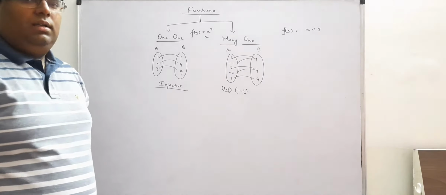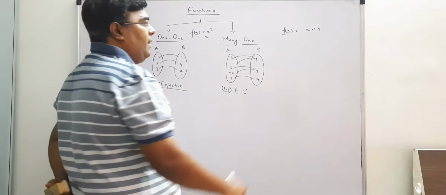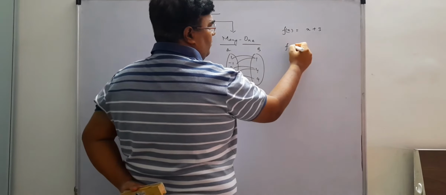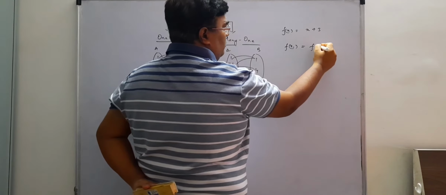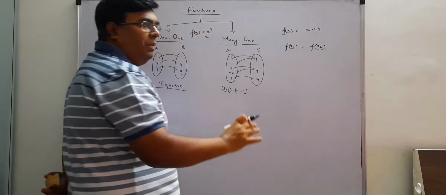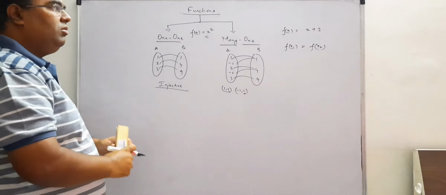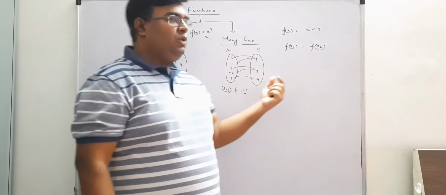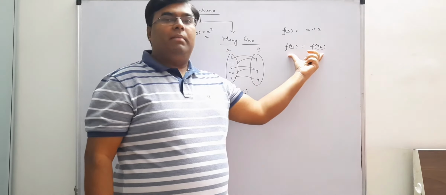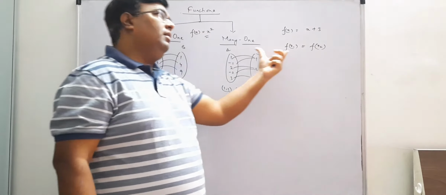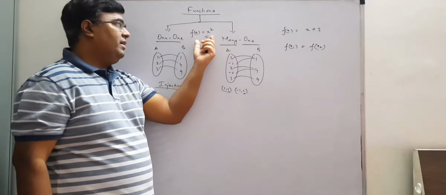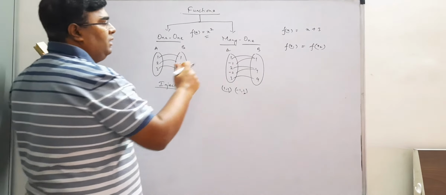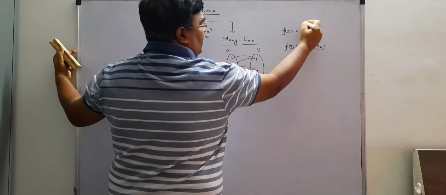So we will start with a statement like f(x1) is equal to f(x2). What is the meaning of this? f(x1) is equal to f(x2) means that we are assuming that our second element is the same. Whenever there is a function f(x) equal to x something, this is my first element and this is my second element.